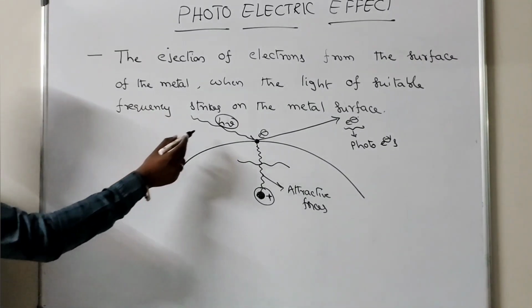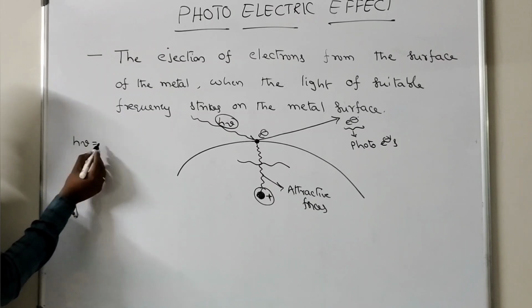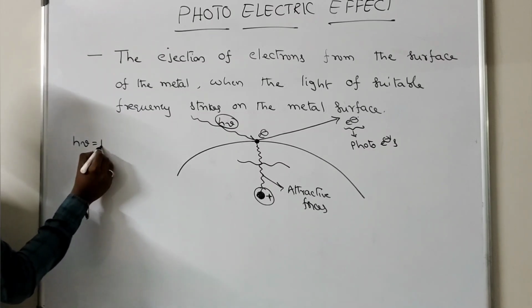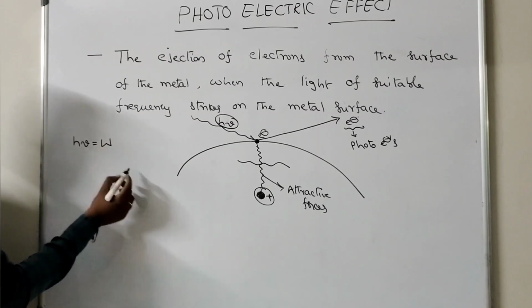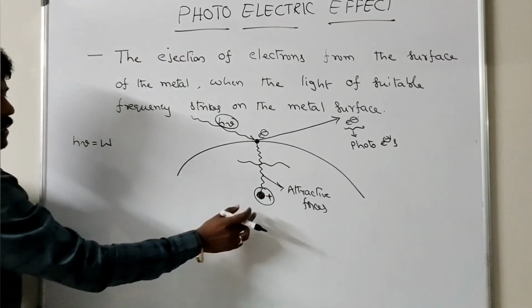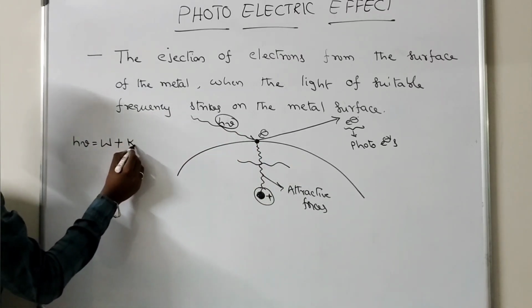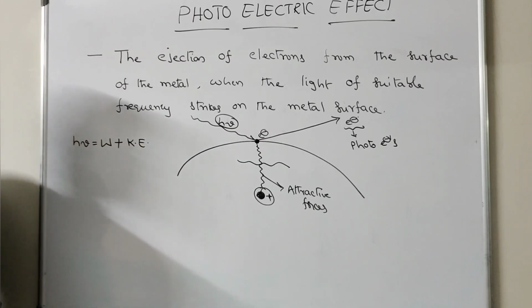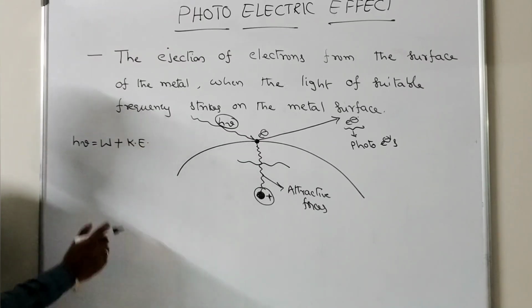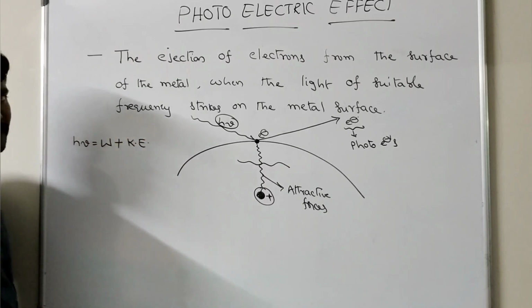That means the energy of the light radiation h nu splits into two. First one is work done, which is nothing but to break the attractive forces between nucleus and electron, and the remaining energy converts into the kinetic energy of the ejected electron. That means h nu is equal to the sum of work done and kinetic energy of the ejected electron.